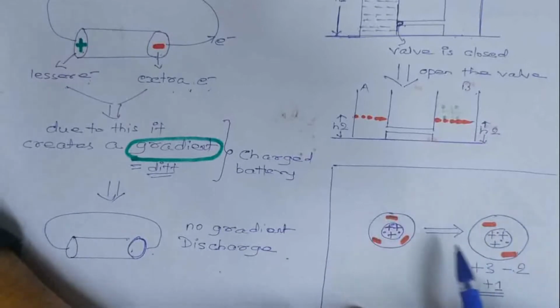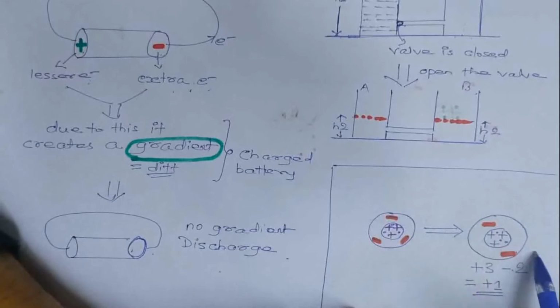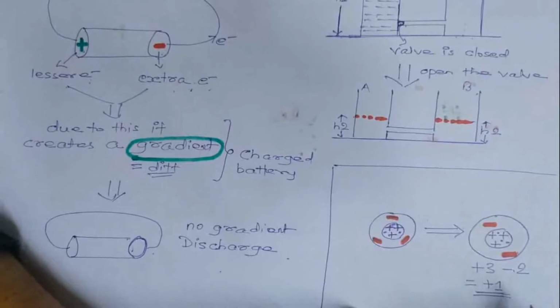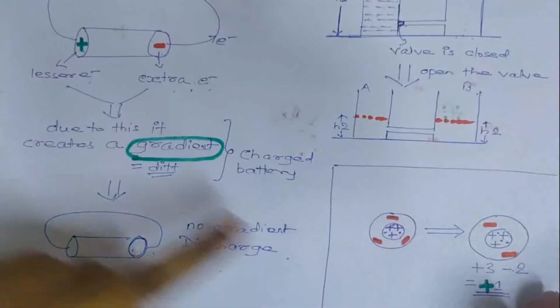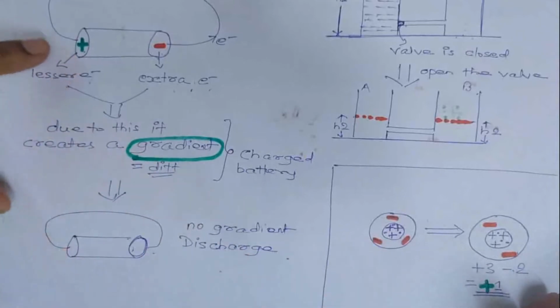I repeat, the atom got positively charged by 1 unit. So what does this plus mean? This plus means the atom is short of electrons. Wherever you see plus, that means it is short of electrons. This is what I have said here: it has a lesser number of electrons.